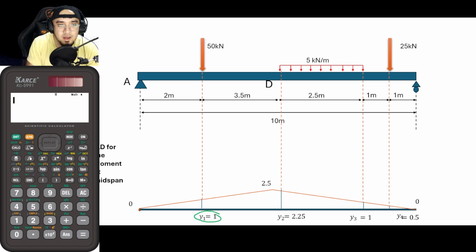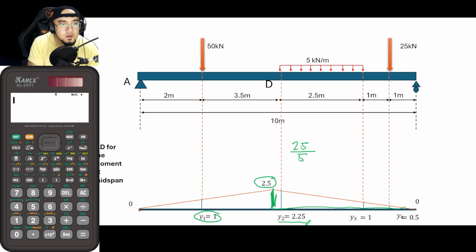Then as you can see here, guys, this is 2.25. Where did this come from? So again, consider this big triangle here. Okay? And from that, the slope of that big triangle is 2.5 divided by 5. So this is 2.5, and this here is 5 meters.